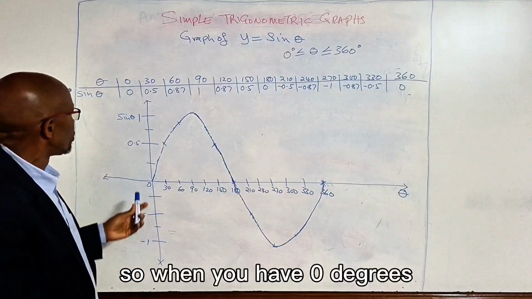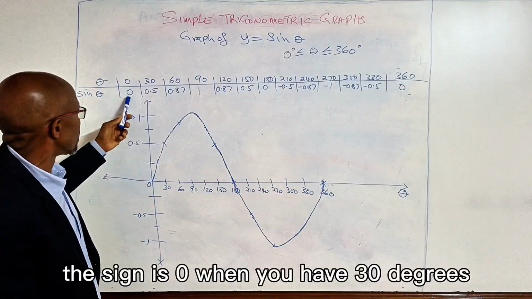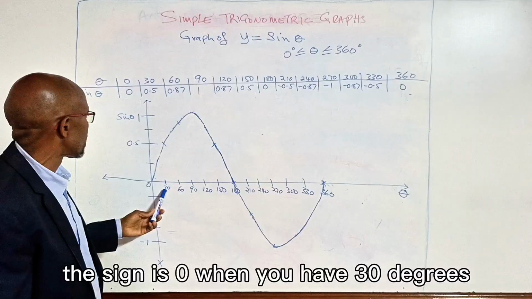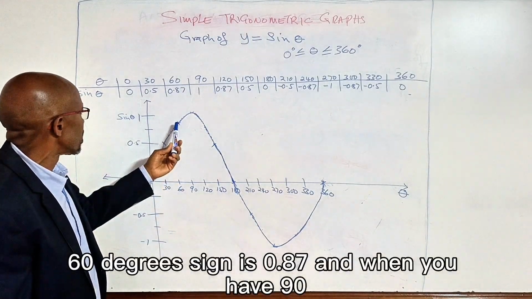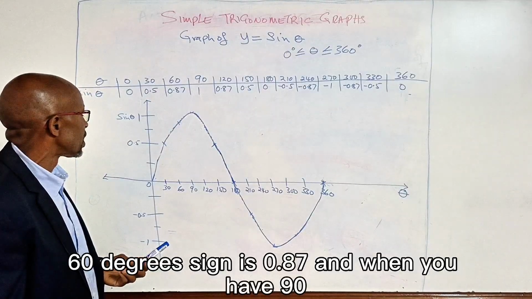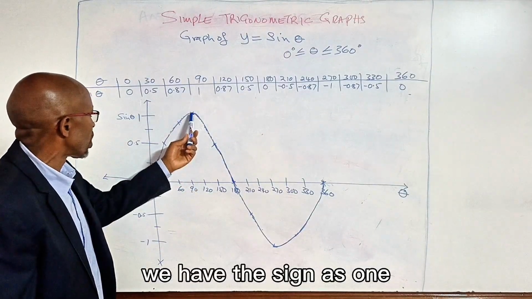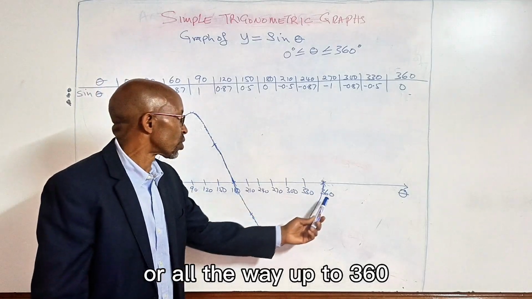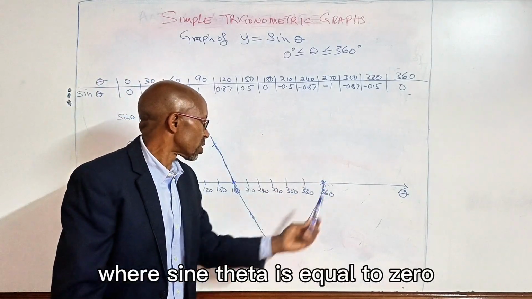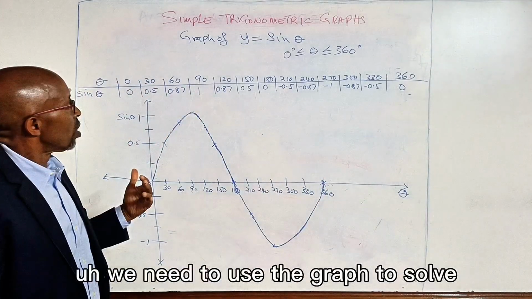So when you have 0 degrees, the sine is 0. When you have 30 degrees, the sine is 0.5. 60 degrees, sine is 0.87. And when you have 90, we have the sine as 1. All the way up to 360, where sine theta is equal to 0.